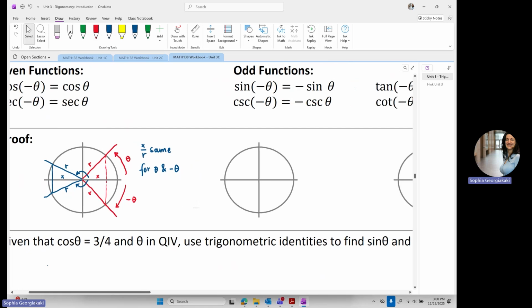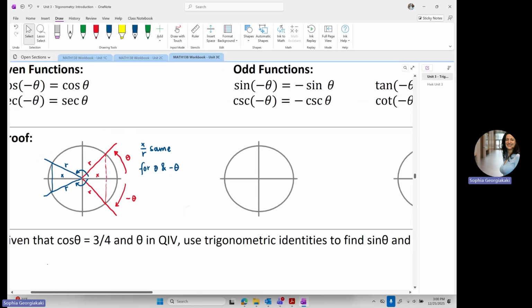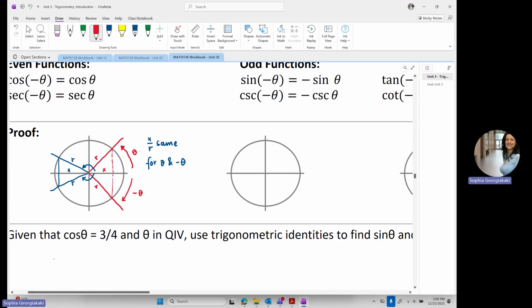However, for the sine and the cosecant, this is the y value. We are looking for y over r, and the y values are opposite of each other, because when we are reflecting about the x-axis from quadrant 1 to 4, this y is positive, and this y prime, let's say, is negative, but in absolute value, they have the same value.